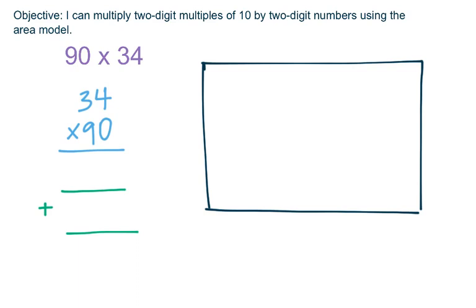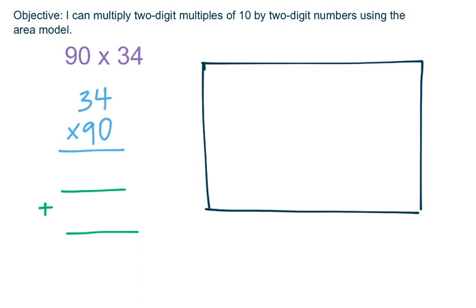So when you think about this, our first step is I want to take that 90, because if I multiply 4 by 0 and I multiply 3 by 0, it's just going to give me a 0, so that's not really going to help me with my answer.